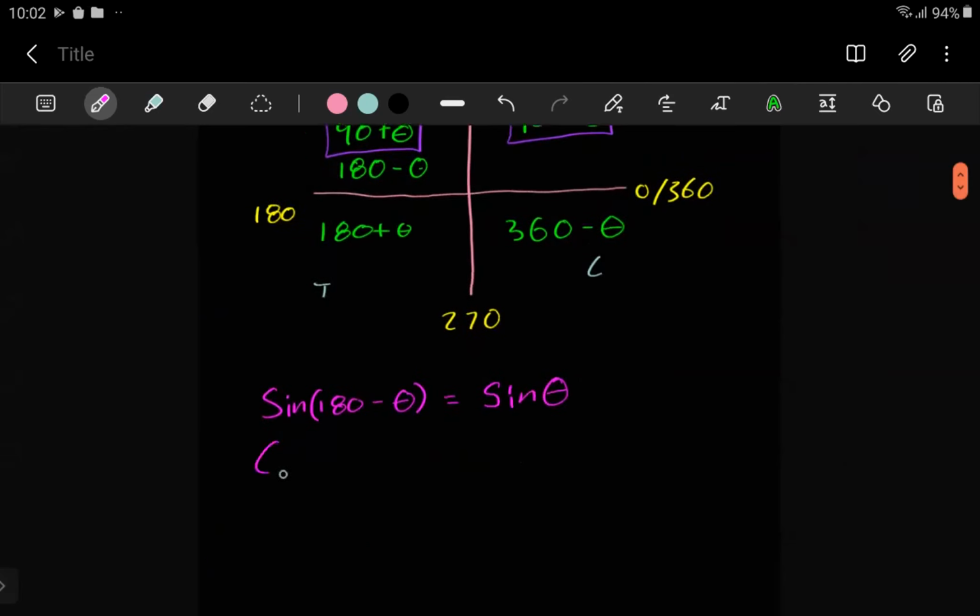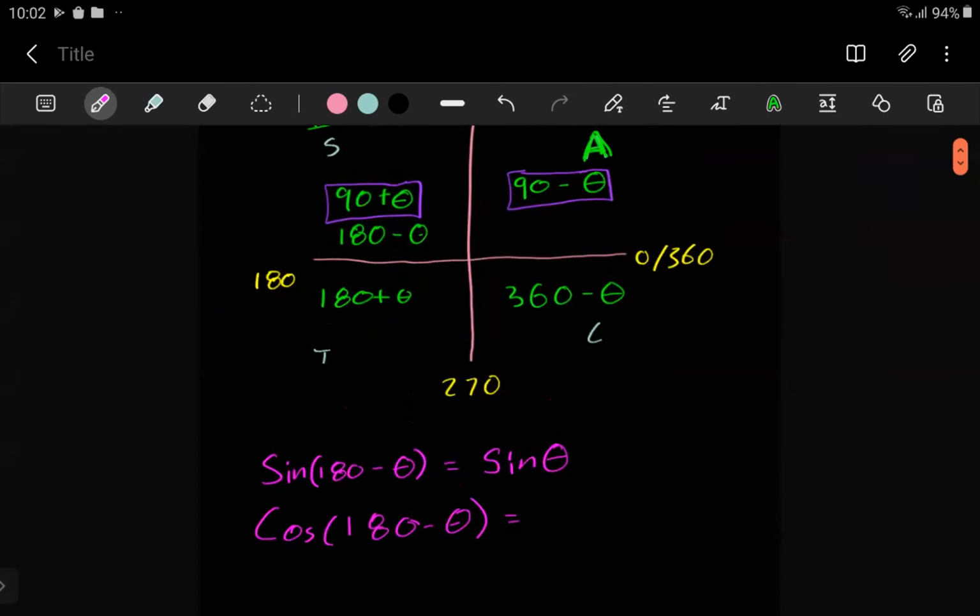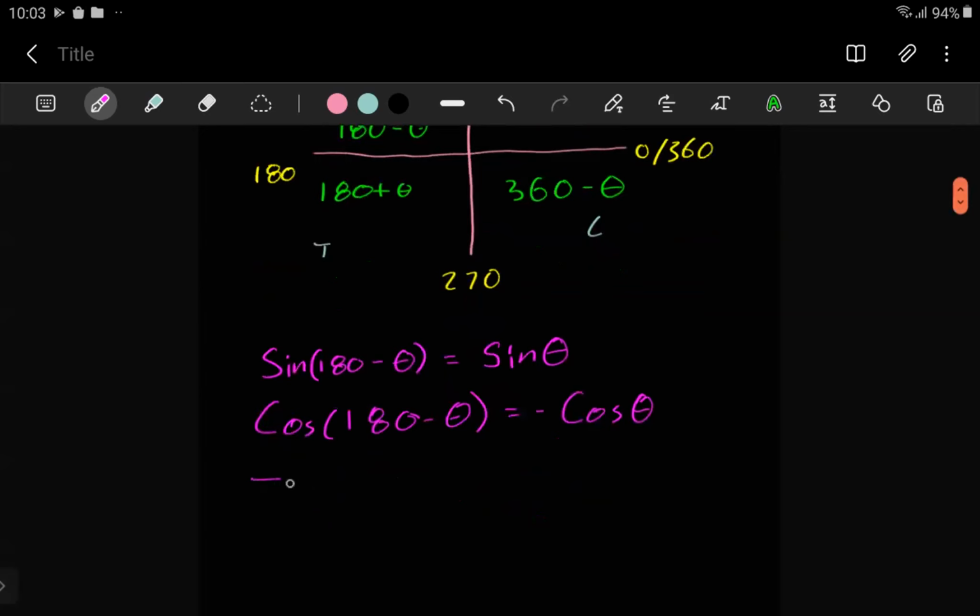So what if we had cos 180 minus theta? What would this equate to? Minus cos theta. And why is it minus cos theta? Because only sine is positive in that quadrant, not cos. 100%. Okay. And then what about this one?